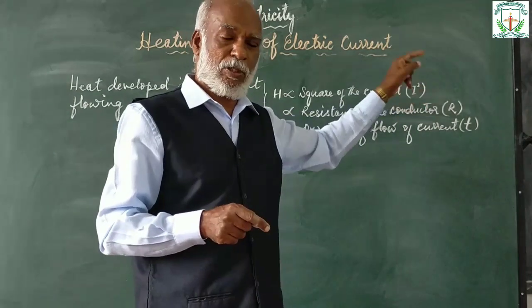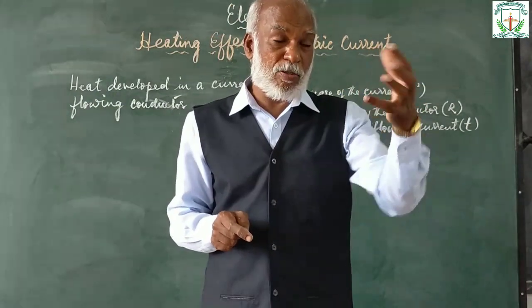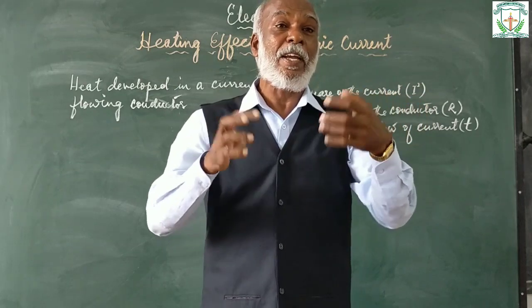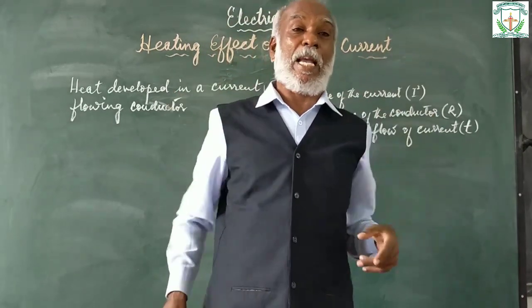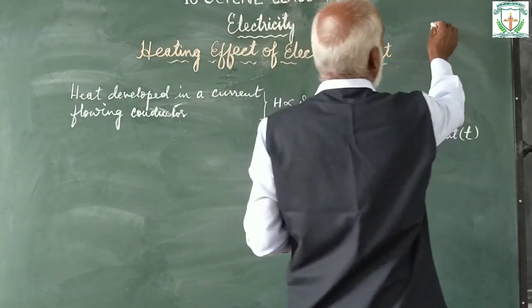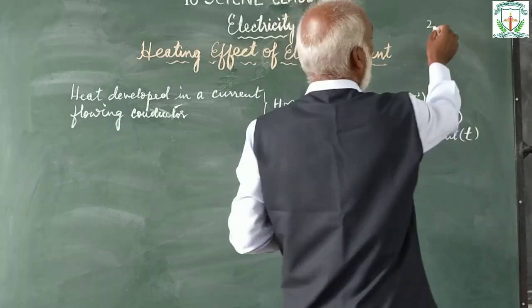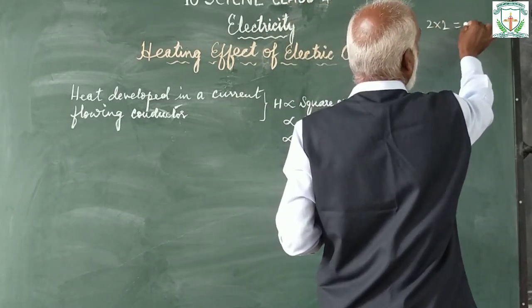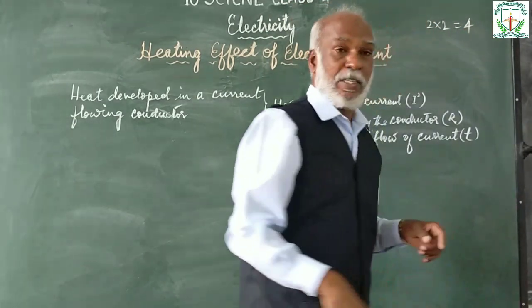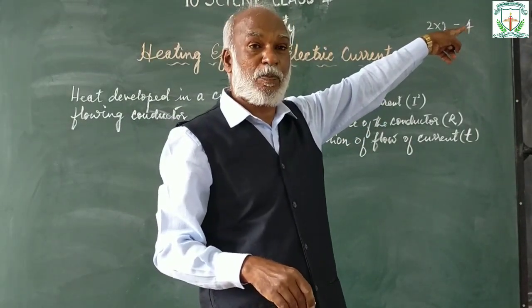What do you mean by this? If more current flows, the heat developed will be multiplied many times. This is the square. Say for example, if 2 ampere of current flows through the circuit, 2 into 2, that is 4. The heat developed in the conductor will be 4 times more.